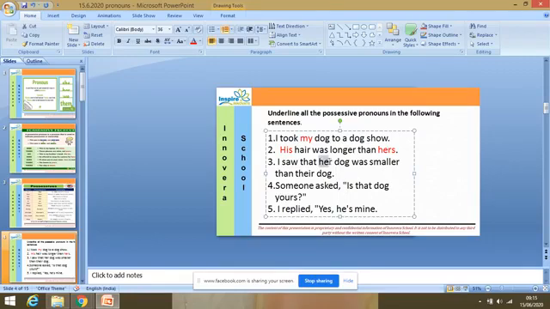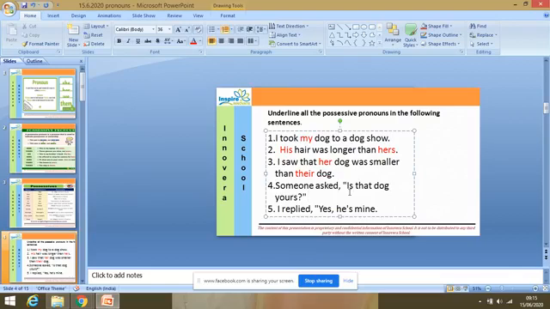It will be her, right? It will be her, and their. Her and their. Am I right, children? You all know the definition of possessive pronoun. You know the examples. So you can easily identify now.